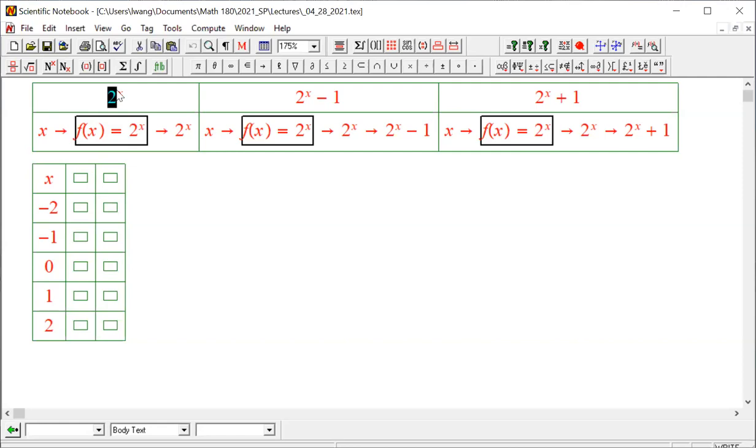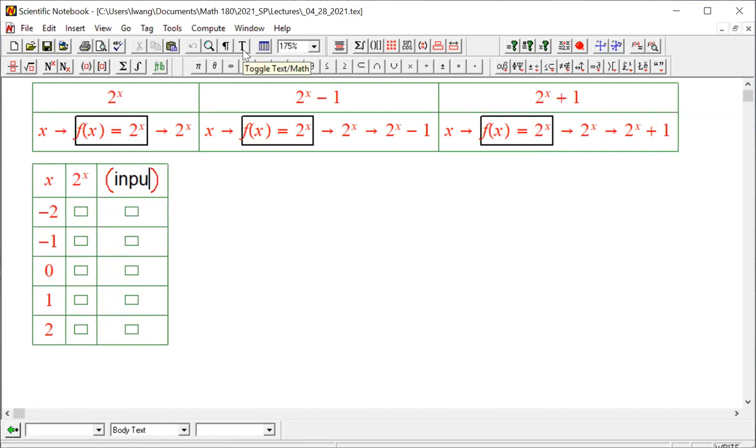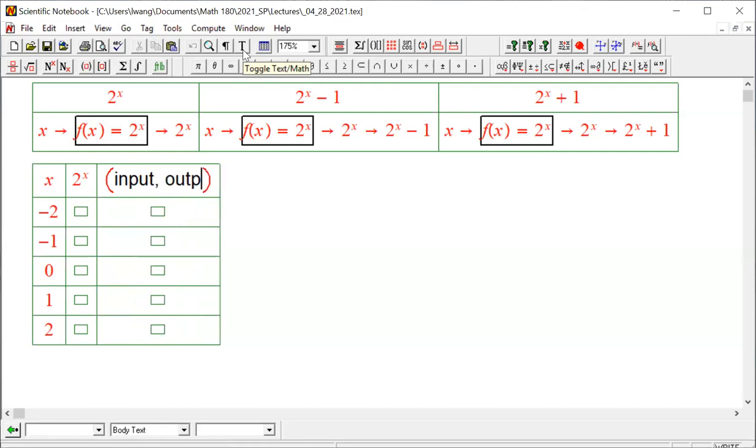The function in consideration is going to be 2 to the power x. And the points are input, comma, output. Of course, input x, you know.